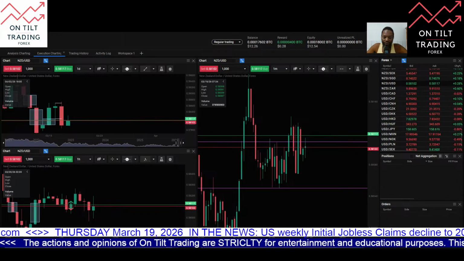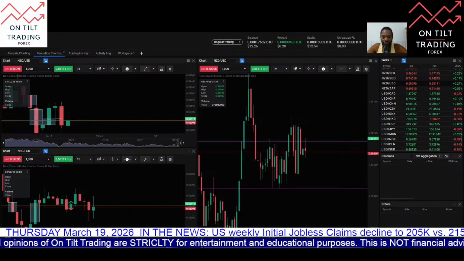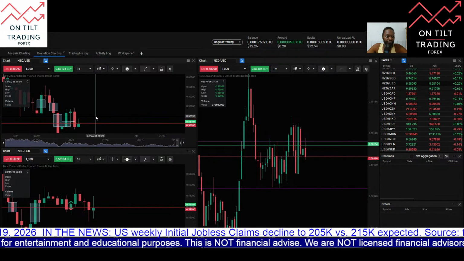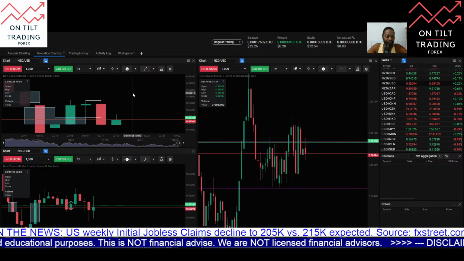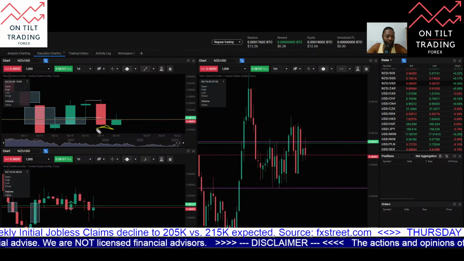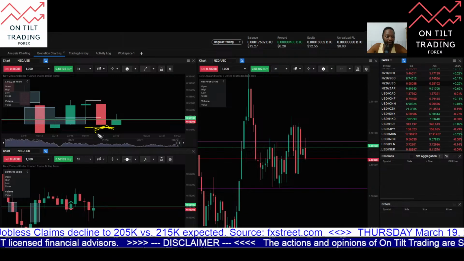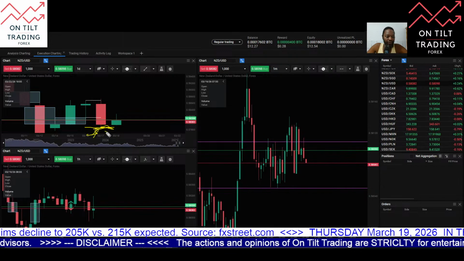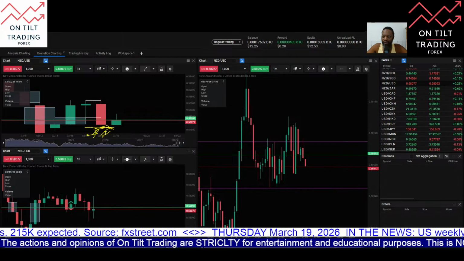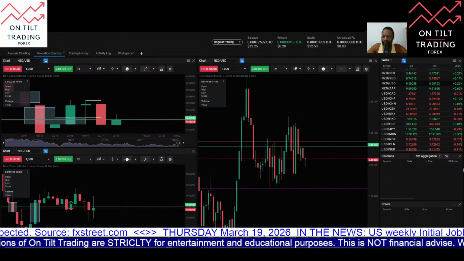So we'll see if price has any continuation to the sell side. If so, I'm going to target this sell side liquidity pool right here at the low of yesterday's candle.